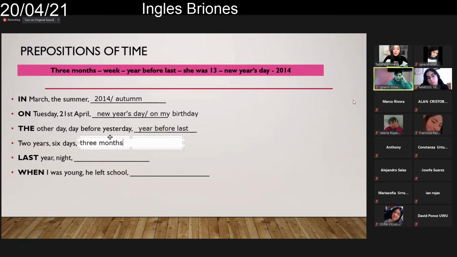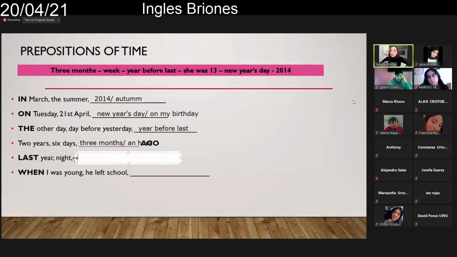Exactly. You can use hours, minutes. You can use a lot of anything that happened before. Anything. Last year, last night, last week. Yes. So you don't need the when you're using this, okay? It's just last.